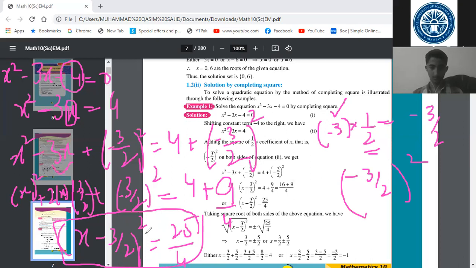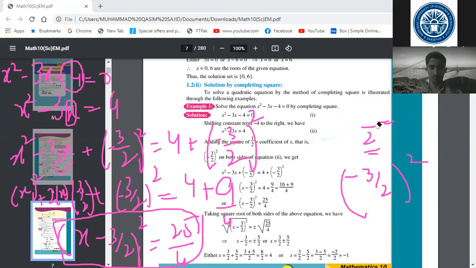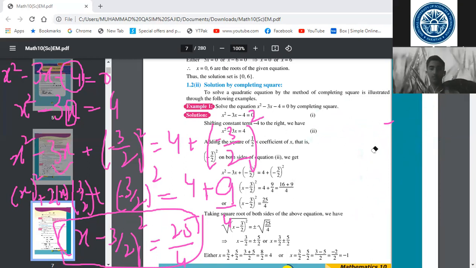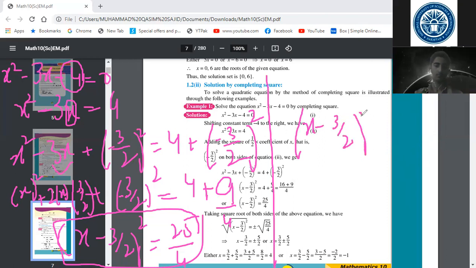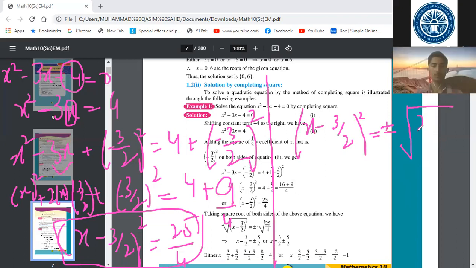Now taking under root on both sides, this value must be equals to plus minus under root 25 upon 4, and the square root will cancel out the square.